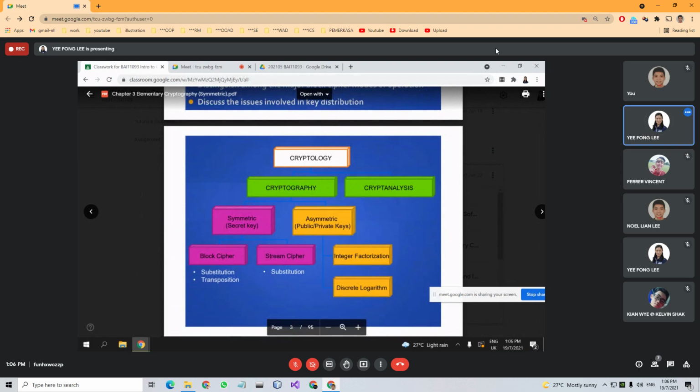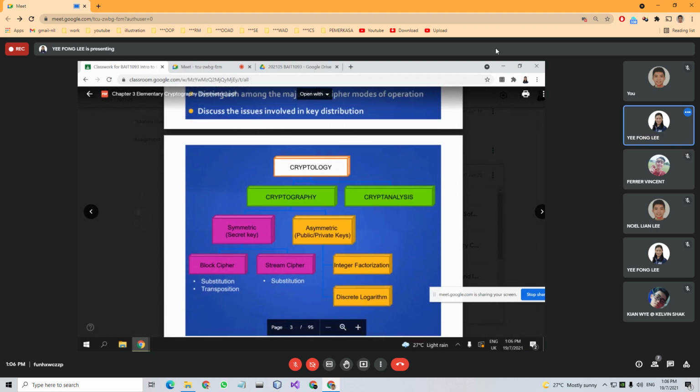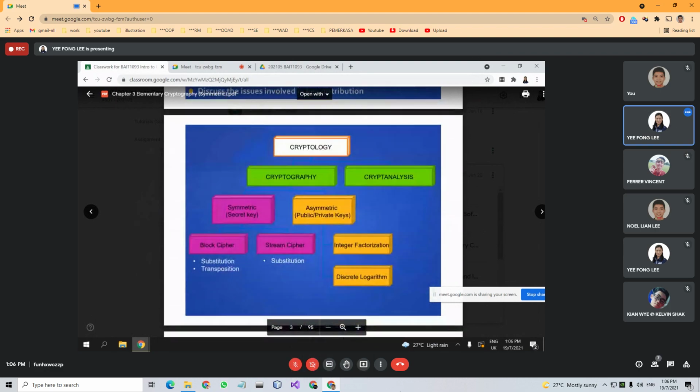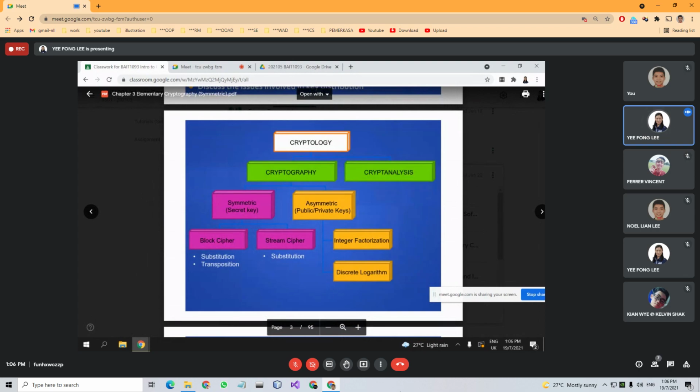Okay, we look at the slide here. Cryptography here. You look at the main label on top. Cryptology splits into two categories: cryptography and cryptanalysis.